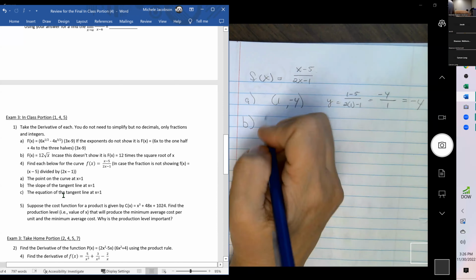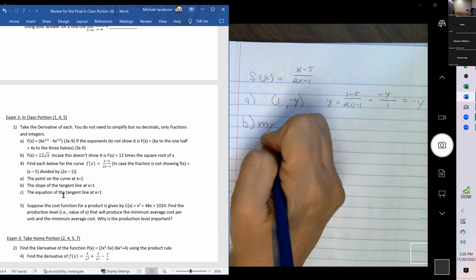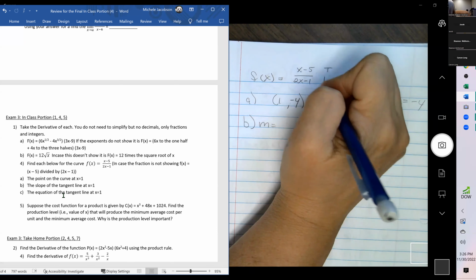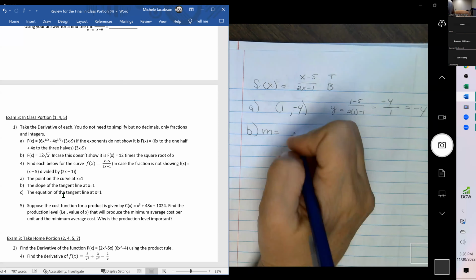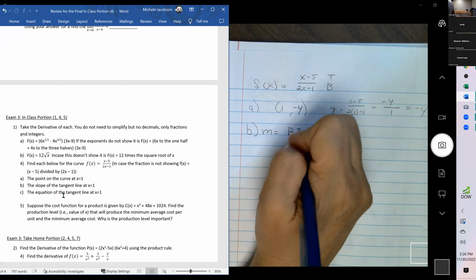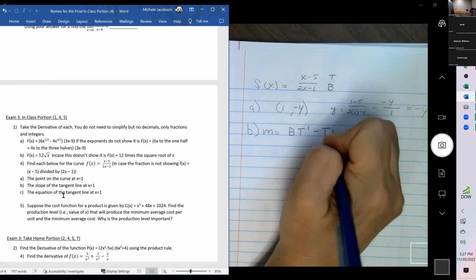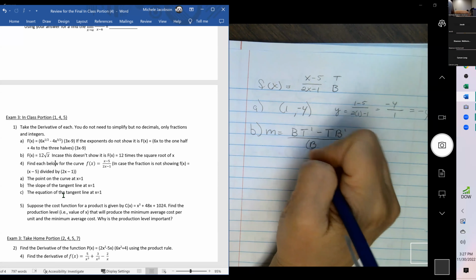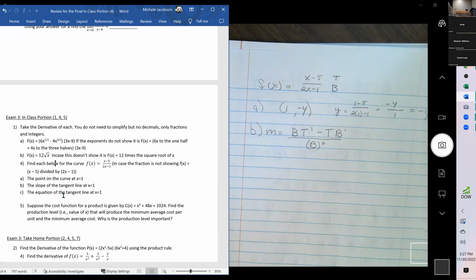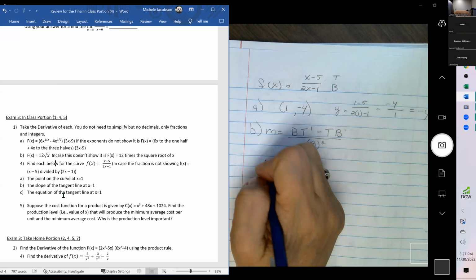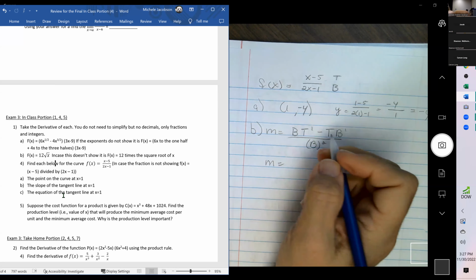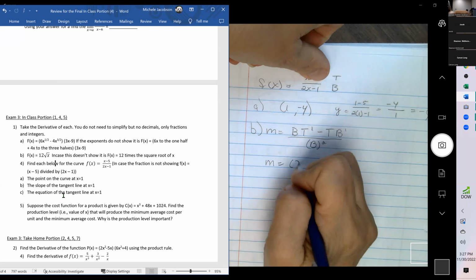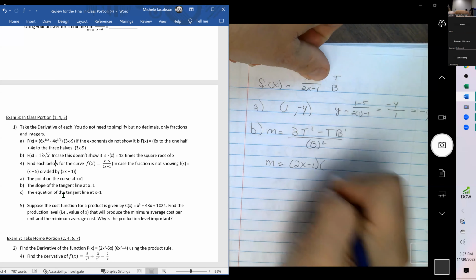For the slope of the tangent line, we take the derivative. This one's a quotient rule: bottom times the derivative of the top, minus the top times the derivative of the bottom, all over the bottom squared. Bottom 2x minus 1.